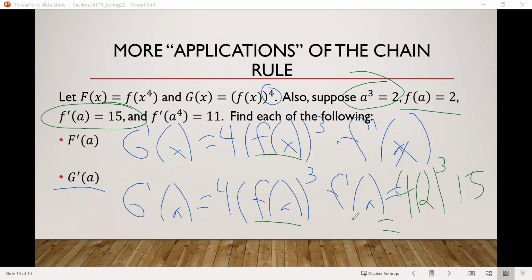So let's see, 4 times 2 cubed is 8, so we have 32 times 15, which looks like it gives us 480 as our answer. Okay, so capital G prime of a is 480. Sweet.